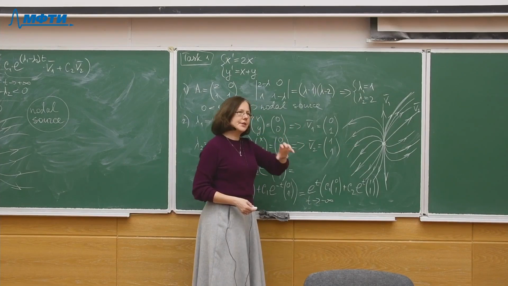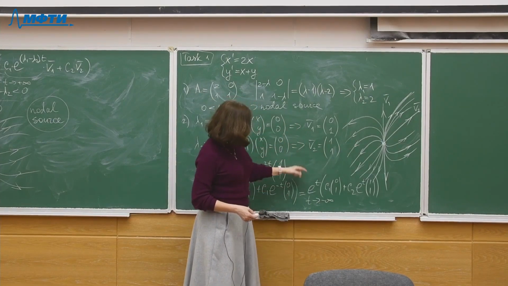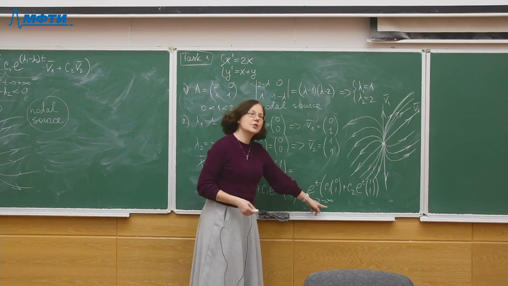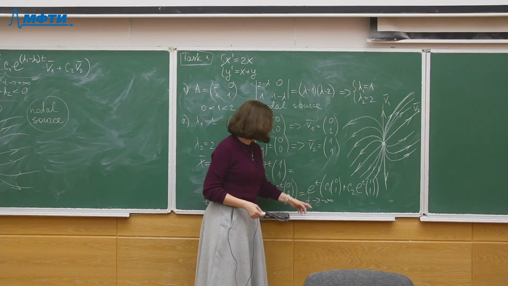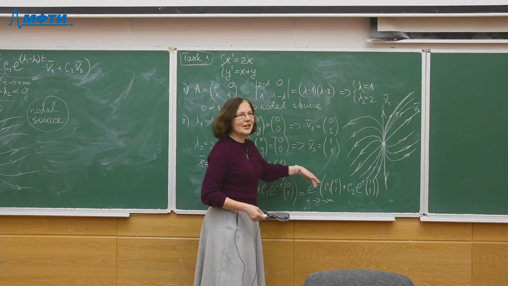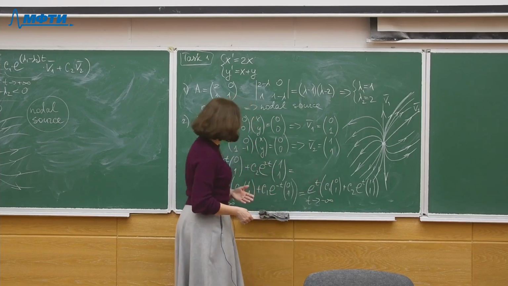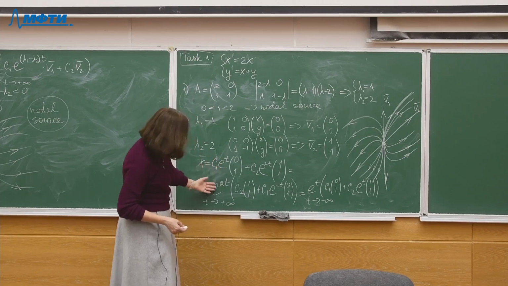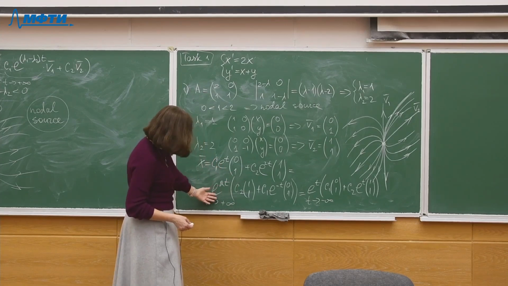If we want the behavior near the origin, we need to consider t approaches negative infinity, right? And so I will change my choice to this. So this is not correct. So this is correct, of course, but as t approaches positive infinity.